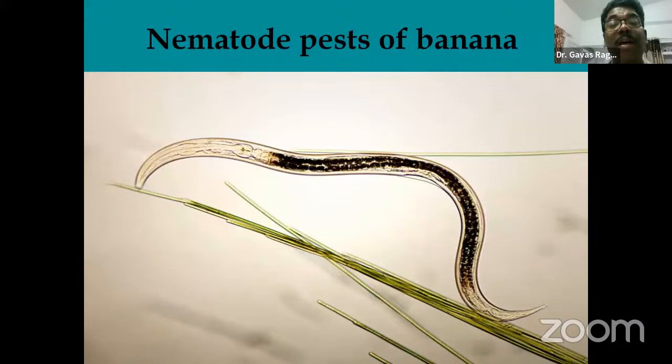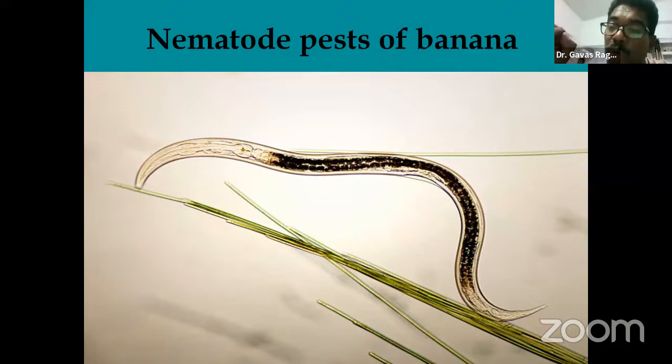In addition to these insect pests, we have come across nematodes. I don't know how many of you know about nematodes. Nematodes are basically worm-like organisms that belong to the phylum Nematoda, and they basically attack the rhizosphere. They attack roots using their needle-like mouth parts.